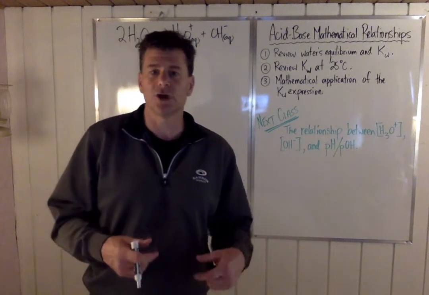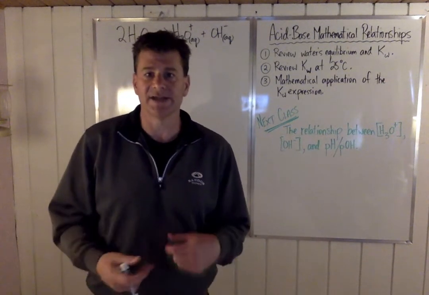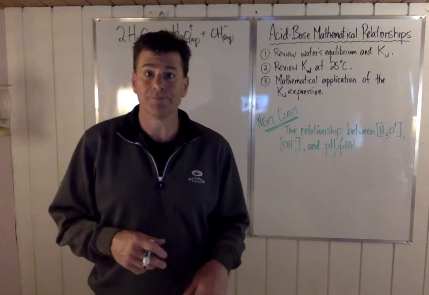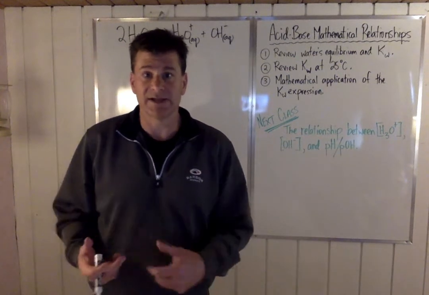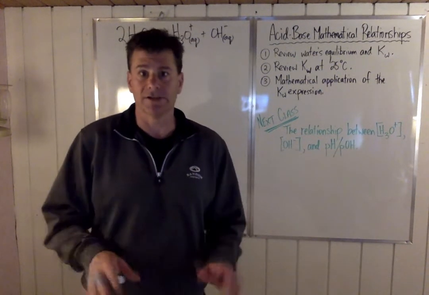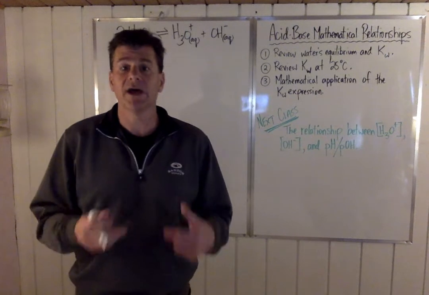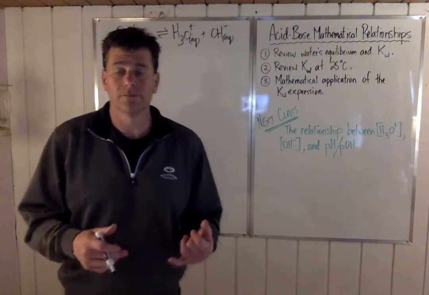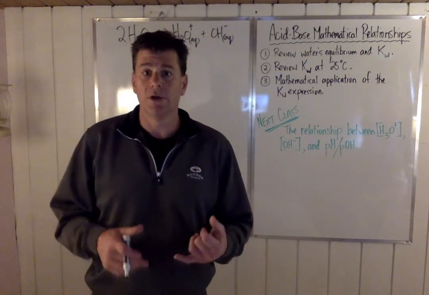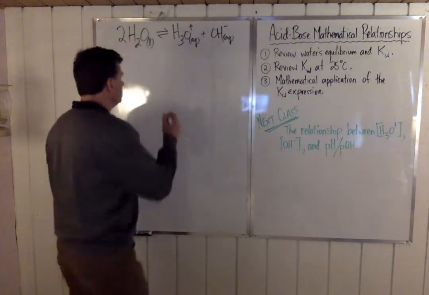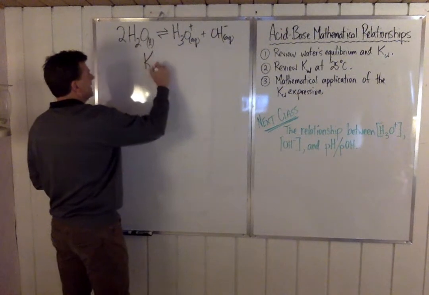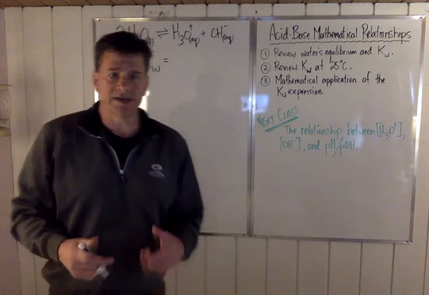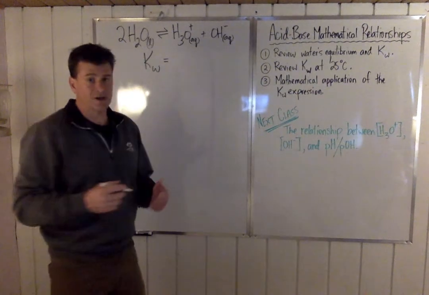The term for that process is called ionization. So water does not ionize terribly well, because the ions come back together and form the neutral water molecules. Because of that, we have a very low equilibrium constant. So Kw, if we recall from last class, the equilibrium constant for water, is calculated by taking the concentration of the products over the concentration of the reactants.